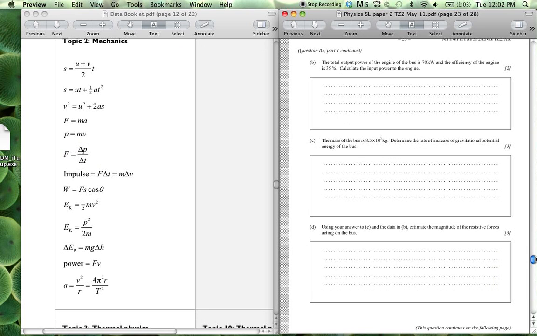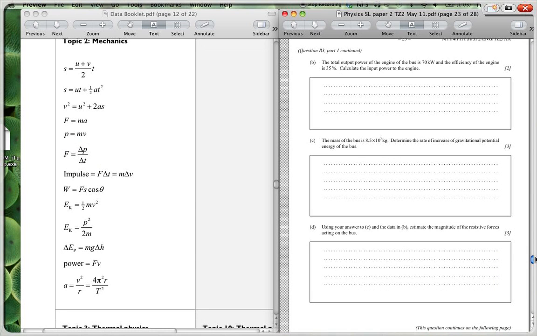Then we have the next question. It says B, the total output power of the engine is 70 kW, that's kilowatt, 10 to the 3, and the efficiency of the engine is 35%. Calculate the input power. So we would have your input power, times by 0.35, would equal 70 kilowatts, 70 times 10 to the 3 watt, like that.